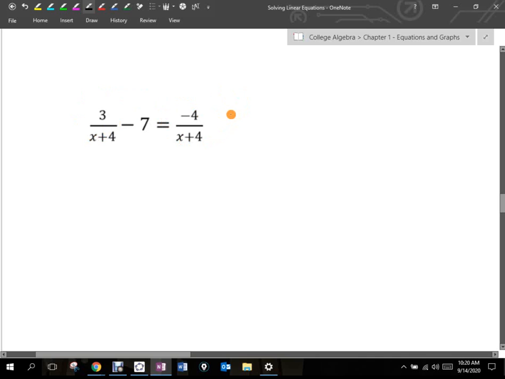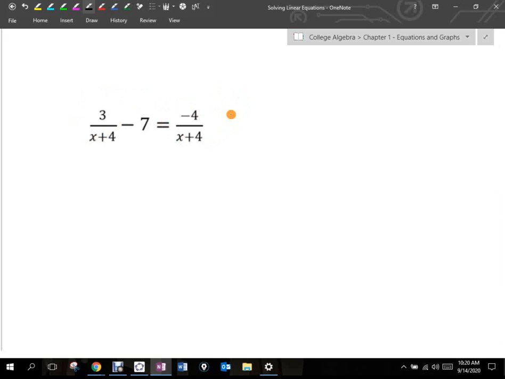Now in this situation, it's only one value, but what number am I never allowed to divide by? 0. So when I find a solution here, in this case we're not going to run into this problem, but eventually there will be situations where if I solve this and I get -4 for an answer, the equation tells me -4 cannot be an answer. Does that make sense?